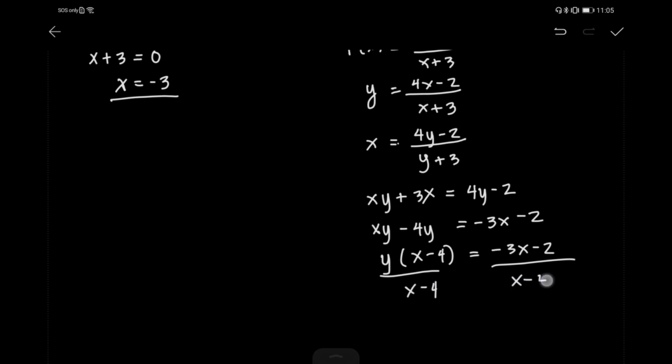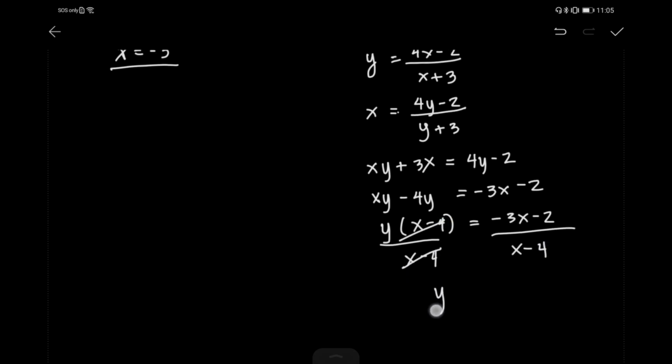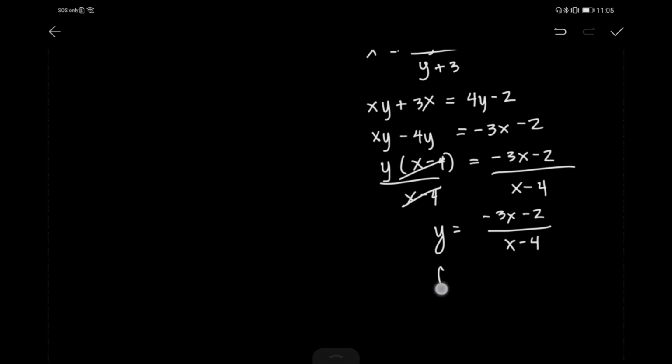So cancel natin to. So ang y natin is equal to negative 3x minus 2 all over x minus 4. So, meron na tayong inverse function ngayon. Ang inverse function natin, which is equal to negative 3x minus 2 all over x minus 4.